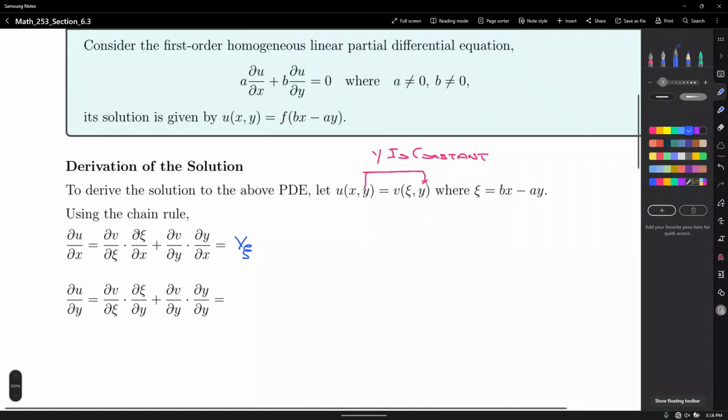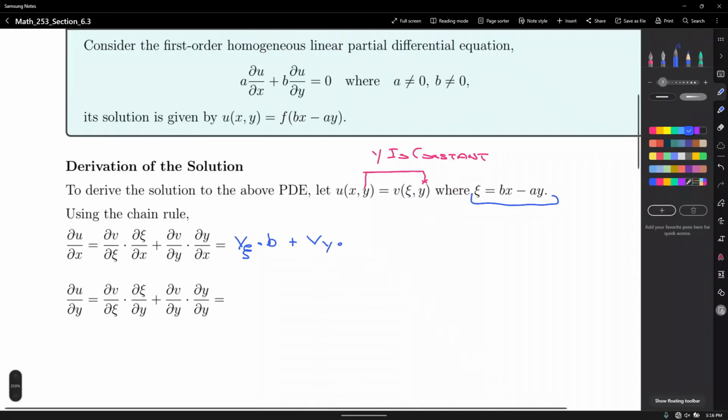And what is the derivative of the z equation with respect to x? Isn't that going to be b? So that times b plus v with respect to y, times what's the derivative of y with respect to x?